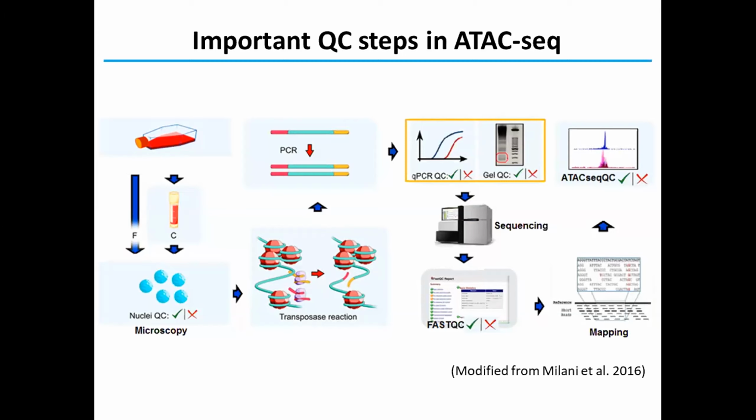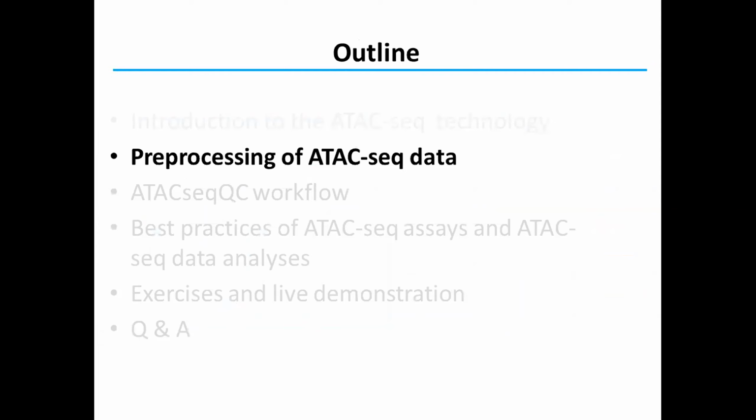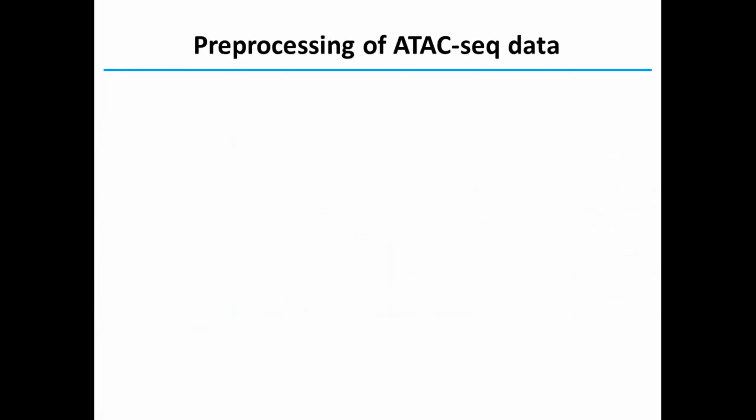Post the alignment, we also need to use the ATAC-seq QC package to check the alignment quality and also check the library quality in silico. Before we use the ATAC-seq QC package to check the library quality, we should do some pre-processing.